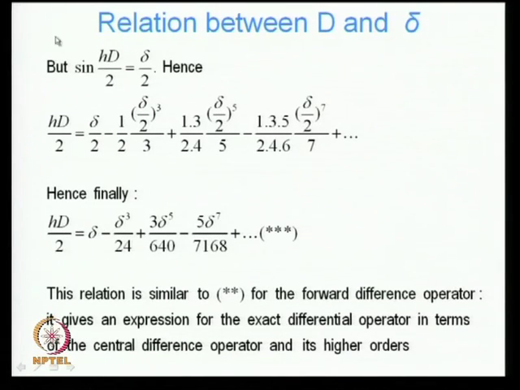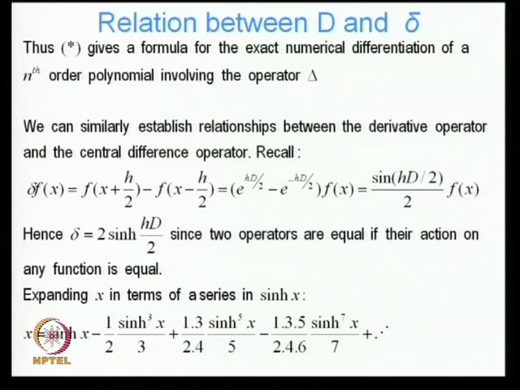we know that sine hyperbolic hD by 2 is equal to half of my difference operator, right. So, if I treat x as hD by 2, I can get hD by 2 in terms of a series in sine hyperbolic hD by 2.